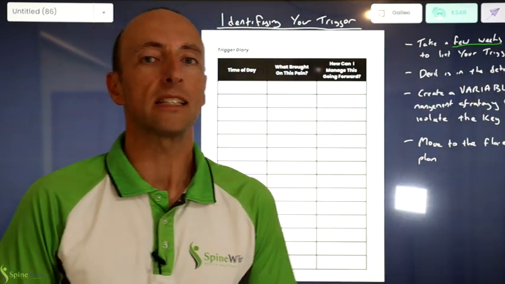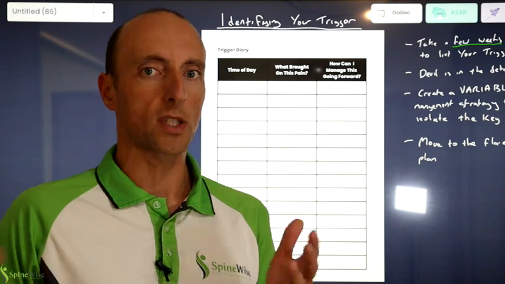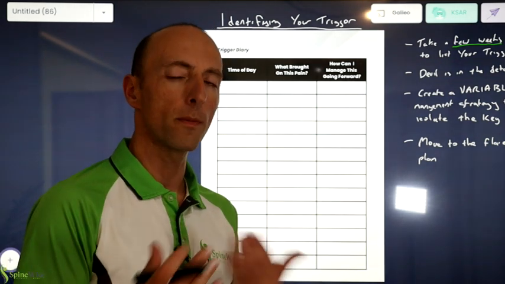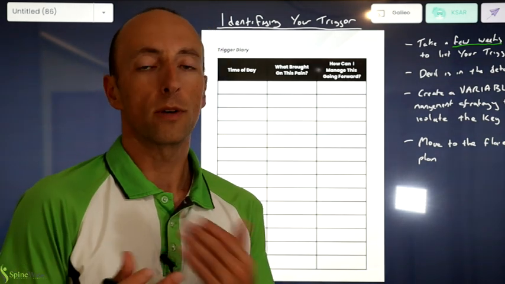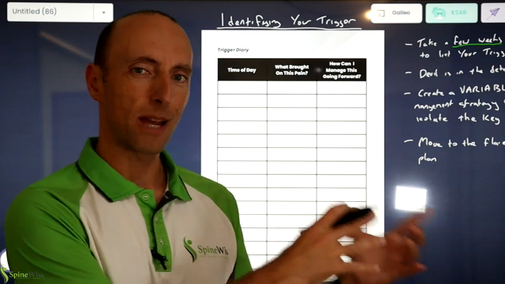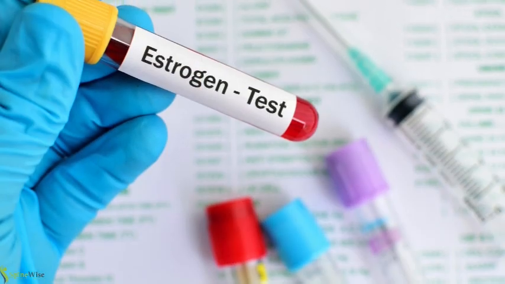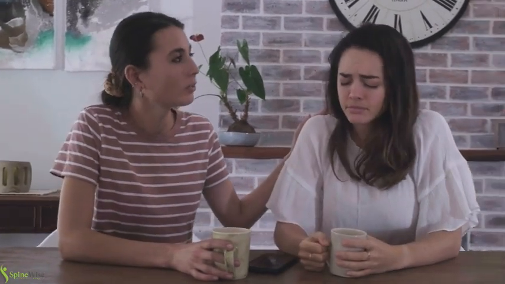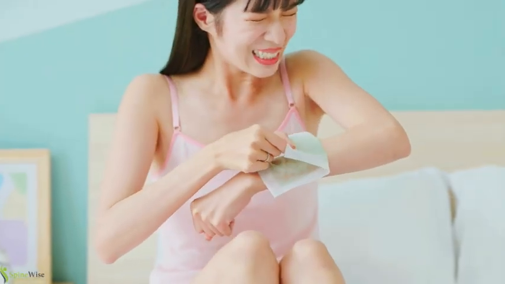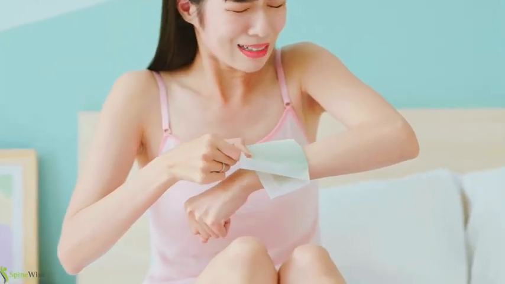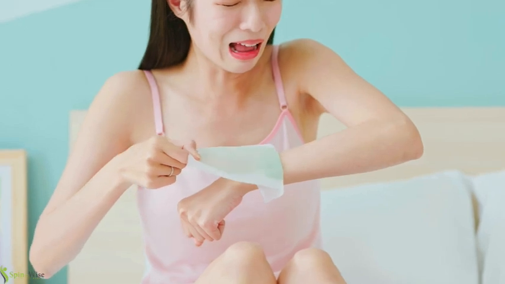If you're a female, you need to do this over at least 1 to 2 cycles, okay? Just because hormone dysregulation or regulation changes can actually make a huge bearing on what you feel. For example, when estrogen is elevated, you tend to get more emotional, and this is why a lot of women notice that when they get waxed during or just before their period, it hurts so much more, because the estrogen sensitizes their emotional state.